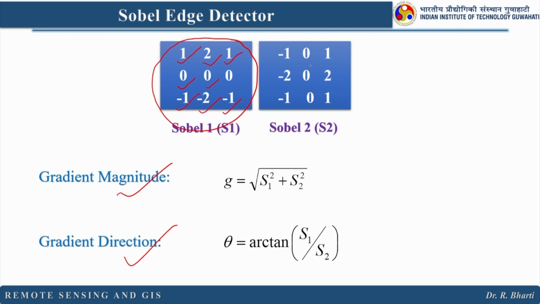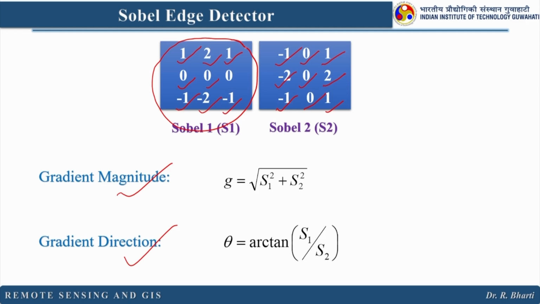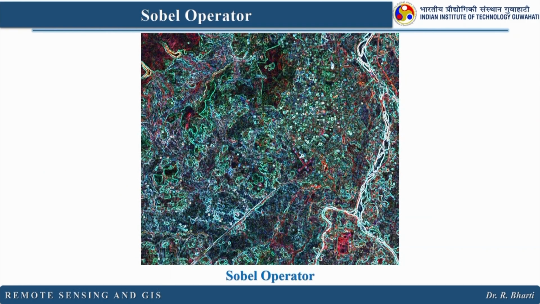And for the other Sobel kernel: minus 1, 0, 1, minus 2, 0, 2, minus 1, 0, 1, right? If you have different numbers in this weightage, then you cannot call it a Sobel edge detector. This is the advantage: when you have this particular weightage, you will have more edges in the output, right?